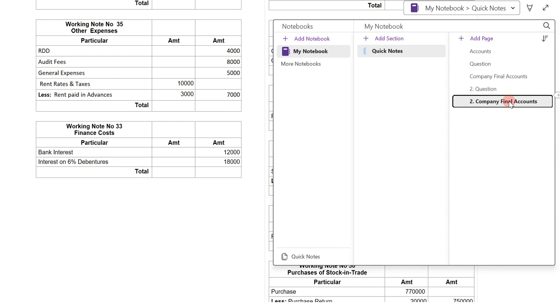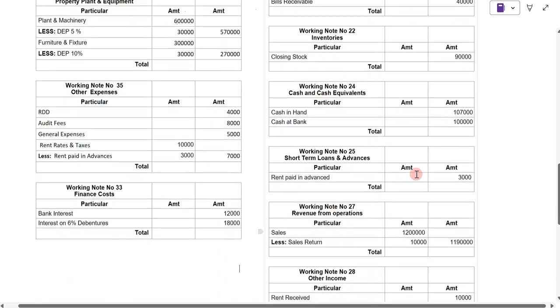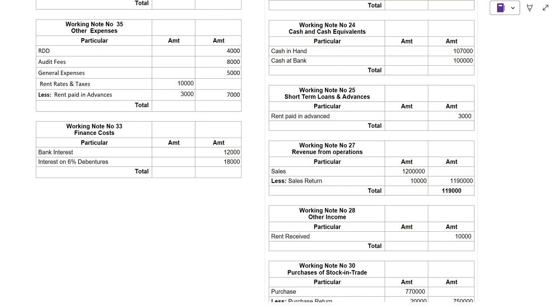First close the working note number 1, that is share capital. First we will close the working note of profit and loss account, so that easily we can find the current year profit. From revenue from operation, the total balance is 11 lakh 90,000.